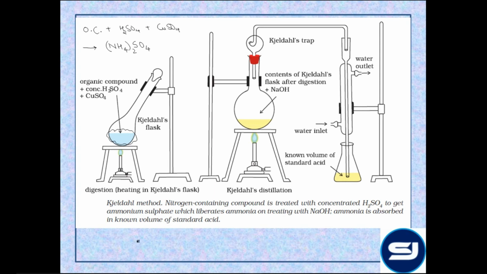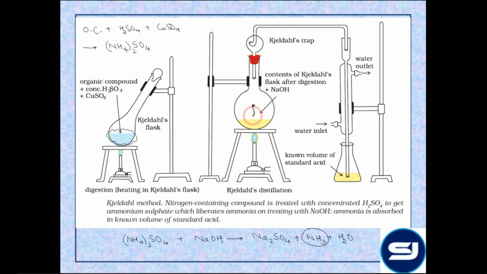So the ammonium sulfate gets added with NaOH. Here the sodium combines with the sulfate to form sodium sulfate, plus the ammonium ion combines with the hydroxide and breaks down to give ammonia and H2O. So the main product of this RB flask is ammonia.